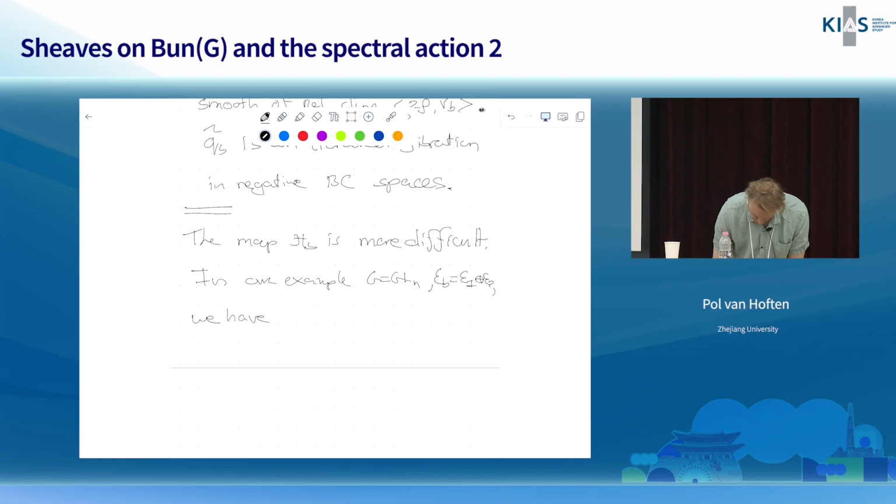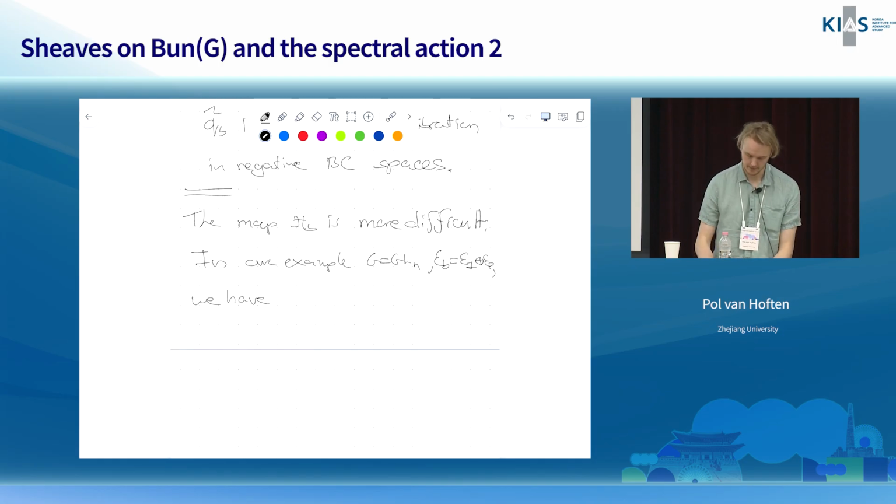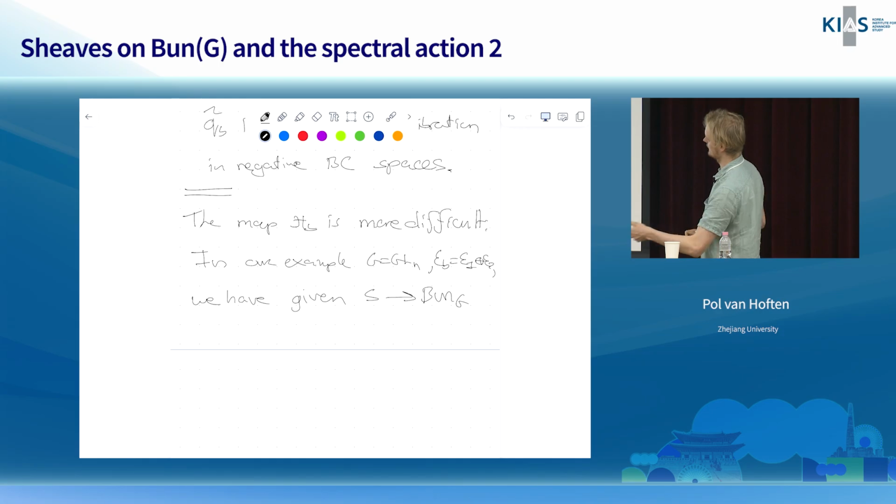Basically, given S, if I give you a map from S to Bun_G, that means I give you a perfectoid space and an E over it. I can ask, what are the fibers?